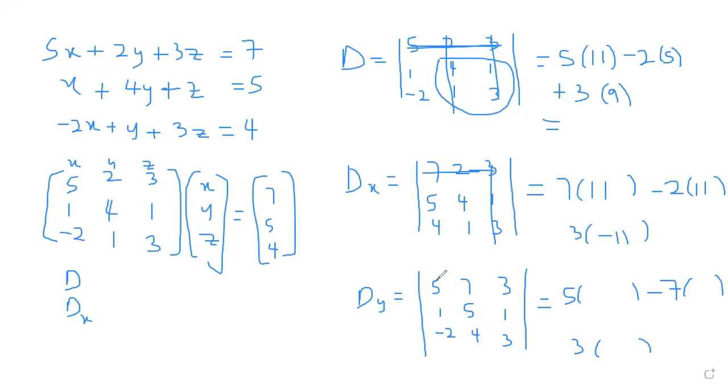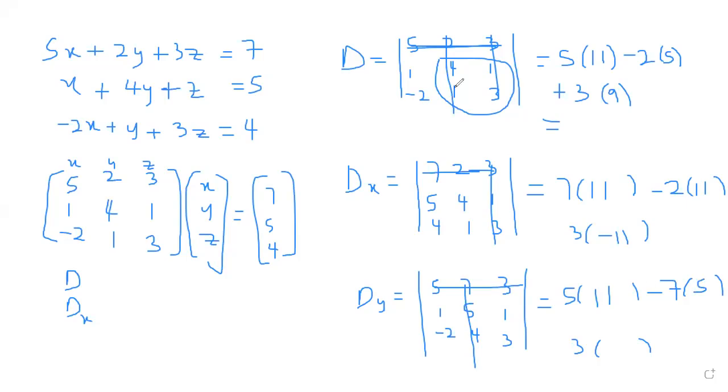The same here. Once we pick 5, our minor matrix will be 15 minus 4, which is 11. When we pick 7, the minor matrix will be 1 times 3, which is 3, minus 2, which is 5.